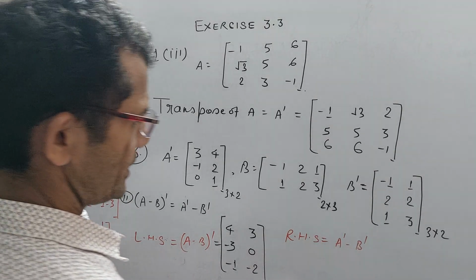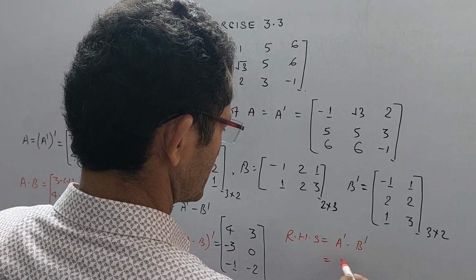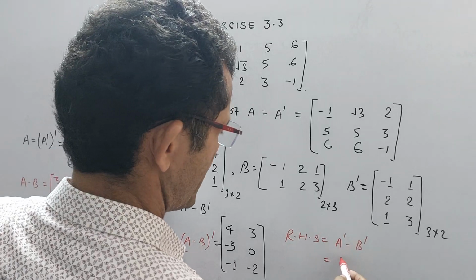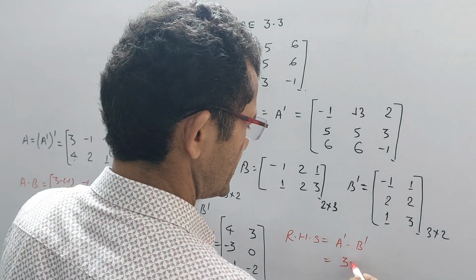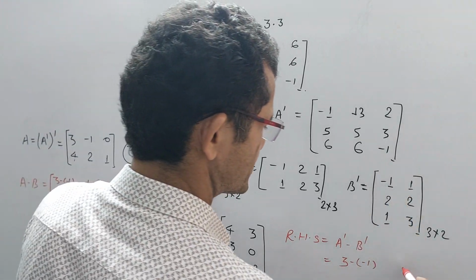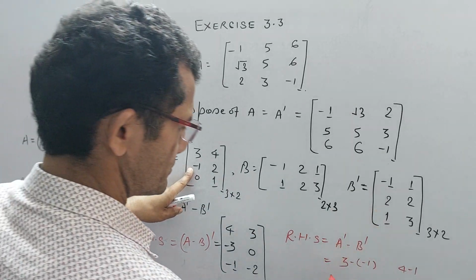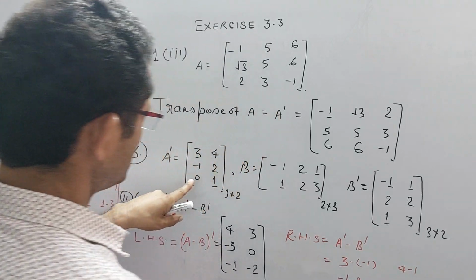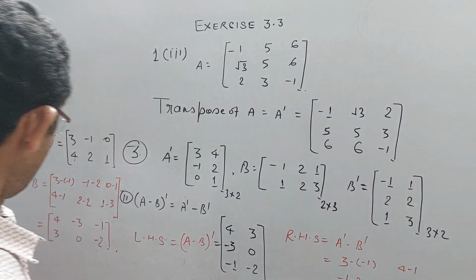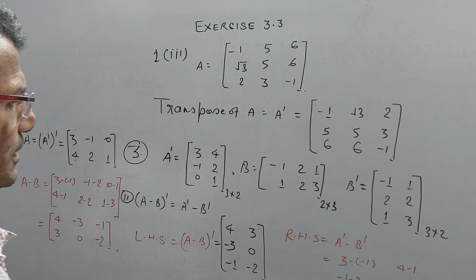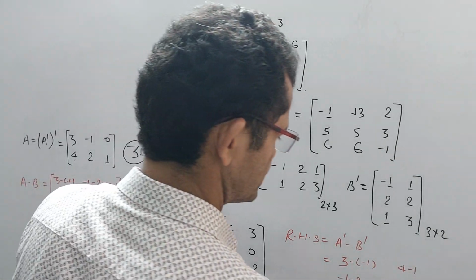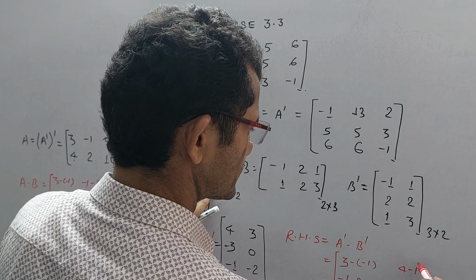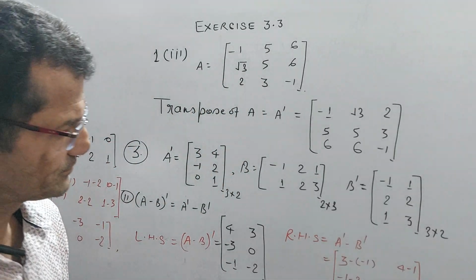Here, with the transpose of A and the transpose of B, we subtract: 3 minus minus, 3 minus minus, and 4 minus 1, then minus 1 minus 2, and 2 minus 2 will be 0, and 0 minus 1, and the last term is 1 minus 3. So this is our matrix A transpose minus B transpose.